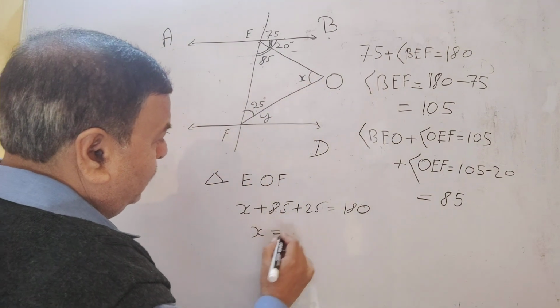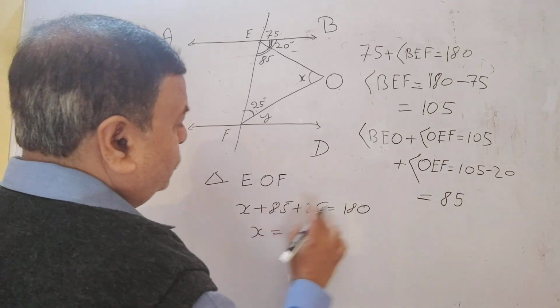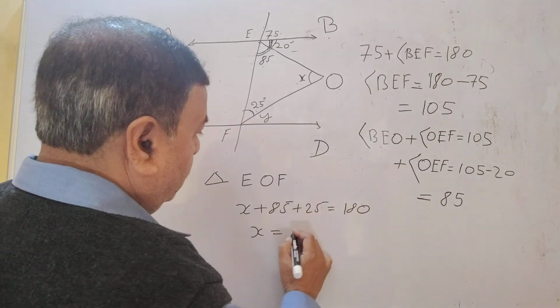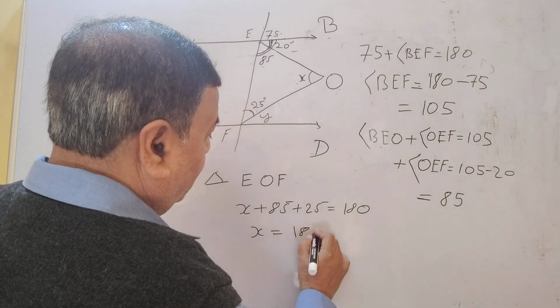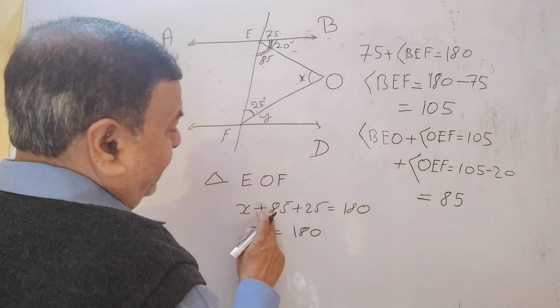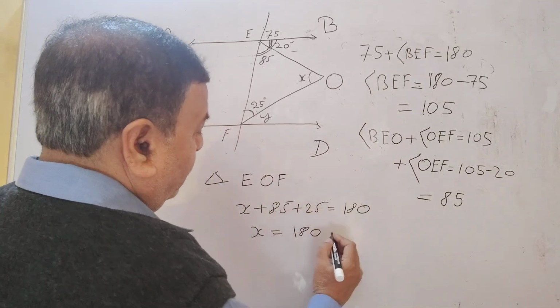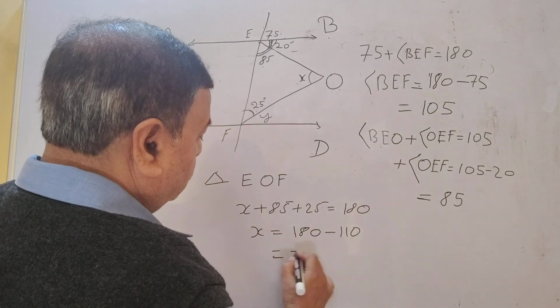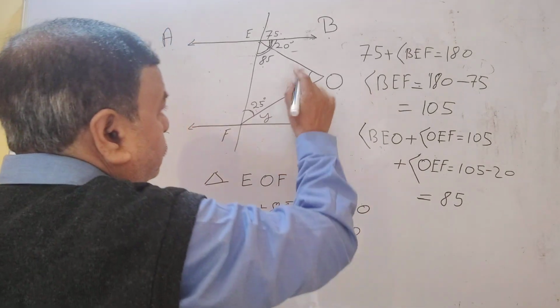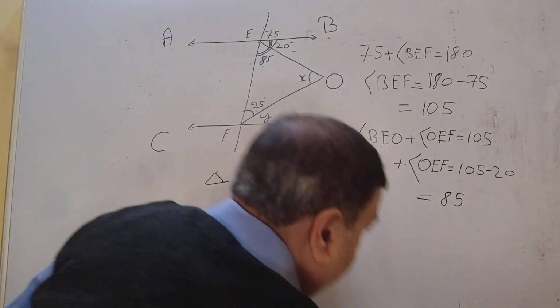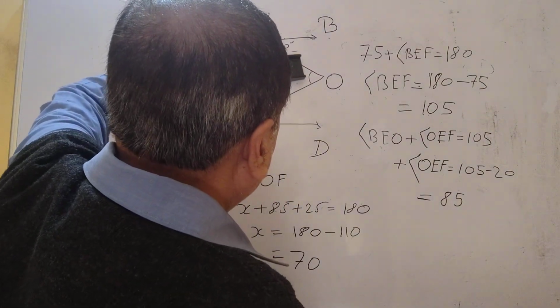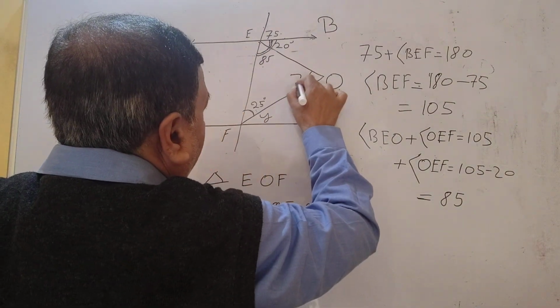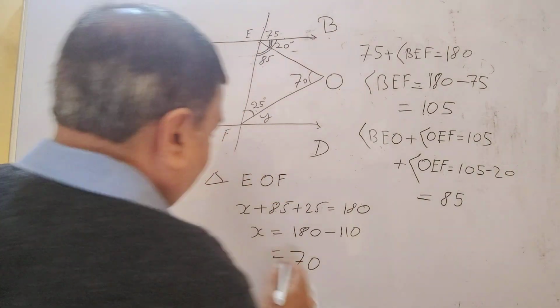So x will be, so we can take this 2 to that side, and if we add them up, it will become 110. 85 plus 25 makes 110. We will subtract 110. So this is 70. So value of x is 70 degree. This is 70, we found out. So x is 70 degree.